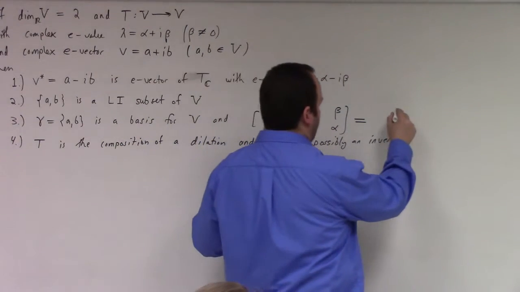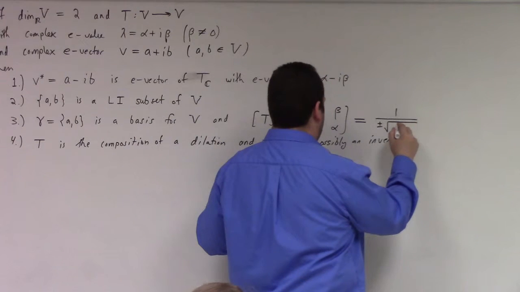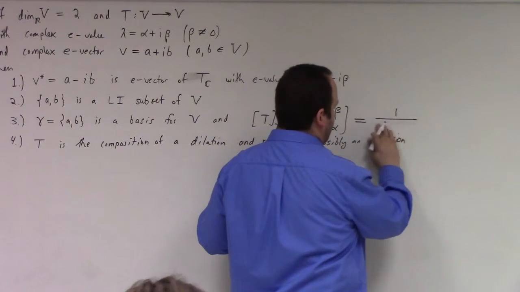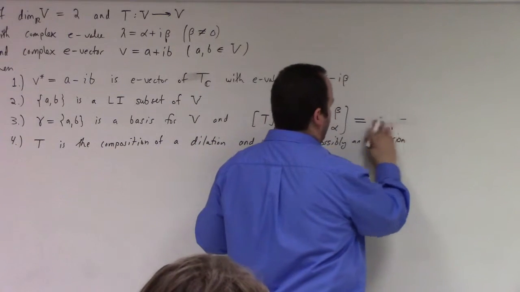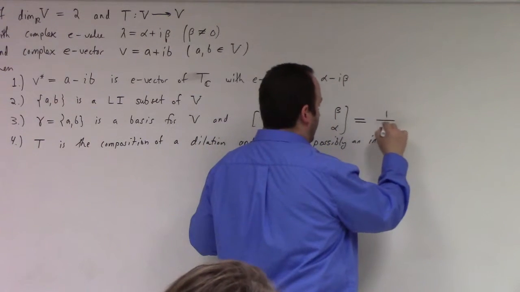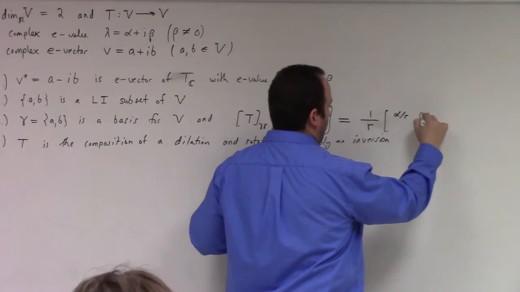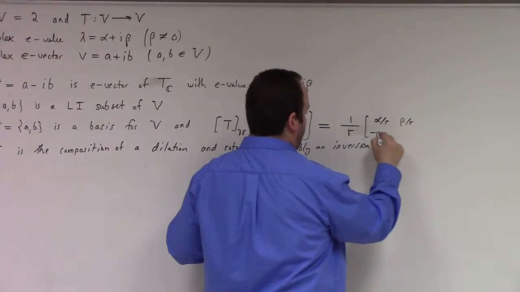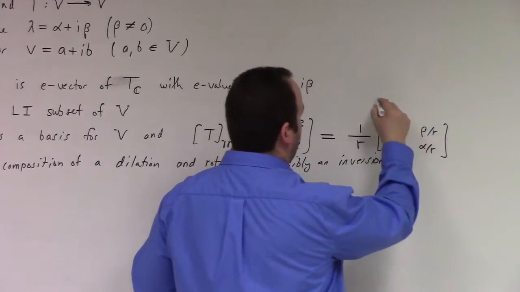This is like 1 over plus or minus the square root of, well, let me just write it this way. This is 1 over r times the matrix alpha over r, beta over r, minus beta over r, and alpha over r, where r is equal to what?